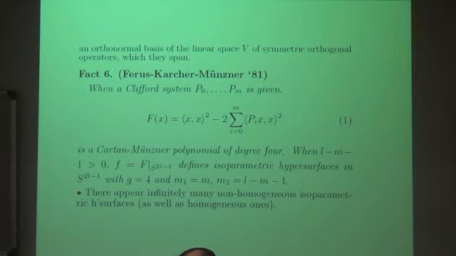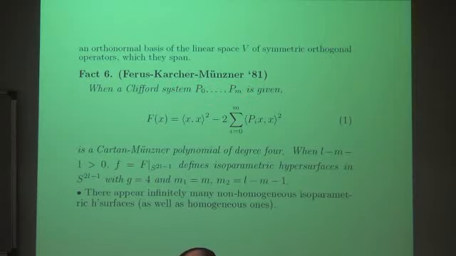Now, Ferus, Karcher, and Münzner obtained the Cartan-Münzner polynomial. This is the extended version of isoparametric function on the sphere, given in this simple polynomial. This is a polynomial consisting of this Clifford system.